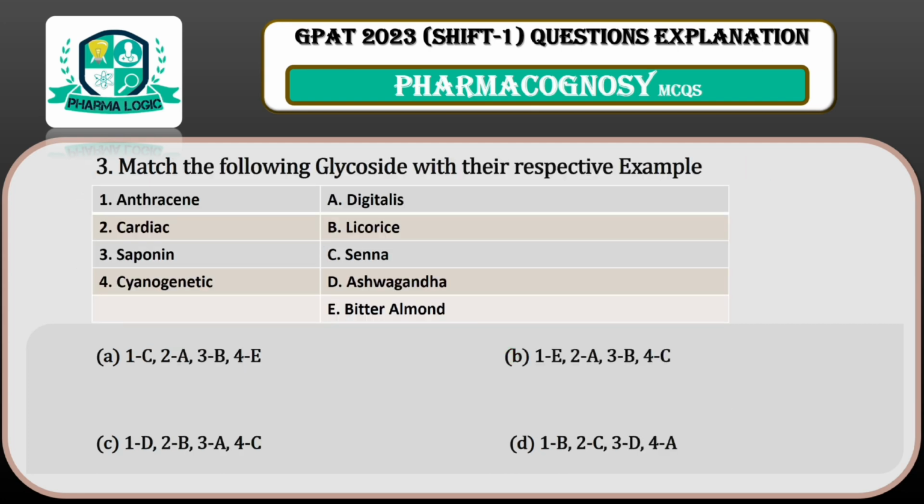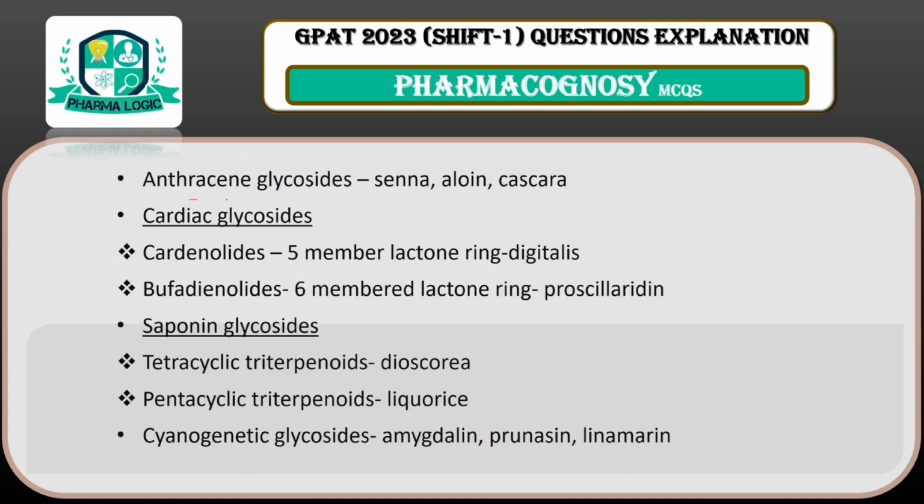Match the following glycoside with the respective example. So what are glycosides? Glycosides contain a glycone part and an aglycone part. Based on the aglycone part, the glycosides are classified as anthracene glycosides, cardiac glycosides, saponin glycosides, and cyanogenetic glycosides. Anthracene glycosides, example, senna, aloin, cascara.